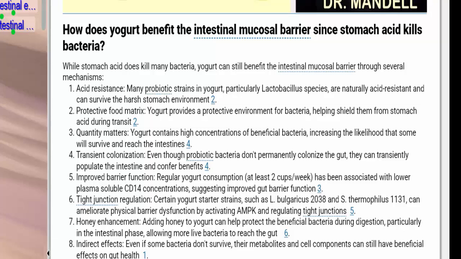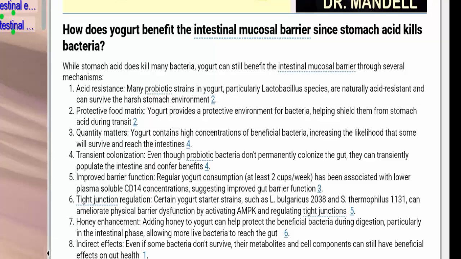Next, transient colonization. Even though probiotic bacteria don't permanently colonize the gut, they can transiently populate the intestine and confer benefits. Improved barrier function. That's what we're looking for.